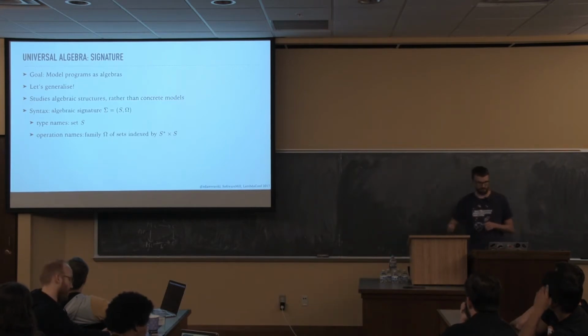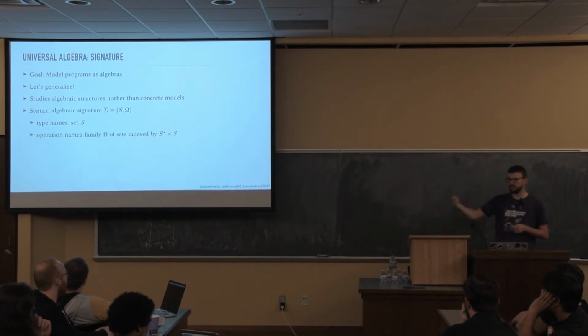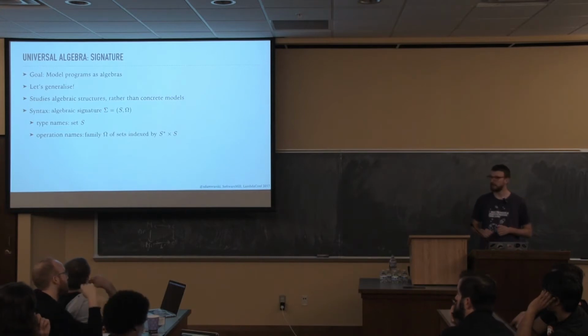Okay, so the S star is like a sequence of type names, right? It can be empty, it can be like 2, 3, and so on. And the second element of the product is the resulting type of the operation. Okay. Where is the family?